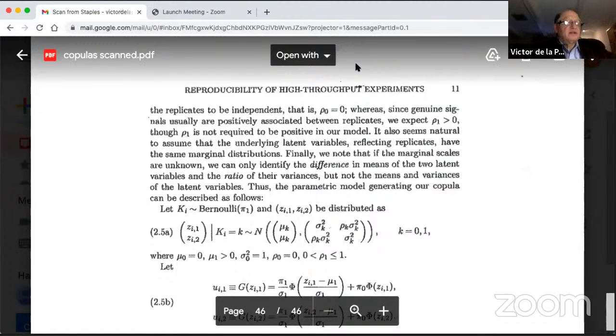Oh, yes, I should have spent more time on that. Let me go back to the papers. Remember, I sent 2 papers to you. So why did I introduce copulas, and how does this relate to ecology? Well, there is not much work that has been done in ecology using copulas. Now, copulas took over the financial world.